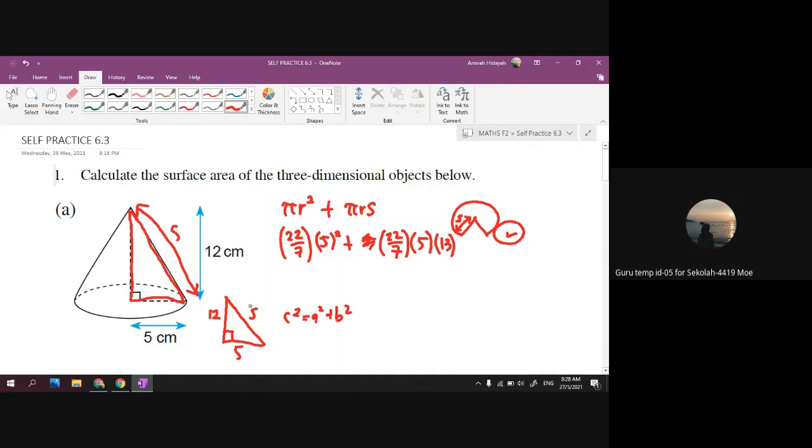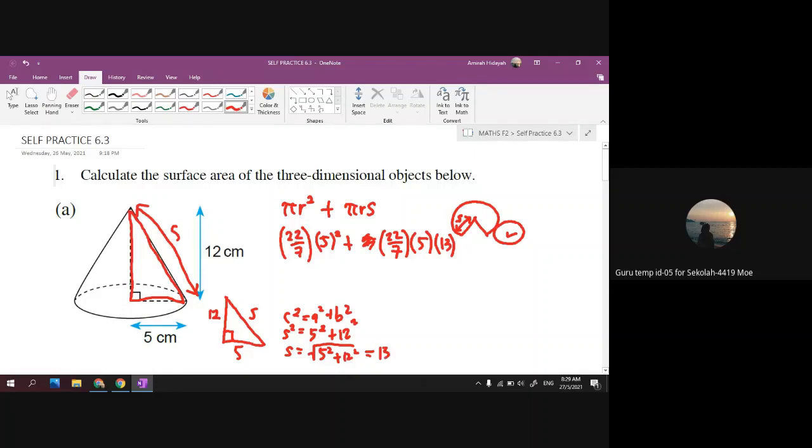C dia adalah S. A dia either 12 or 5. Okay, yang mana-mana pun boleh. So let's say we take 5. So S is the square root of 5 square plus 12 square. We get 13. So that's why S dia 13.